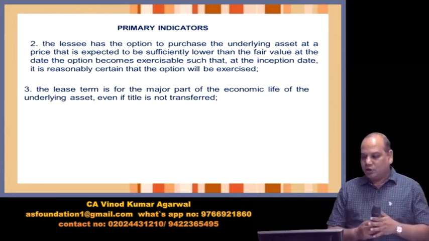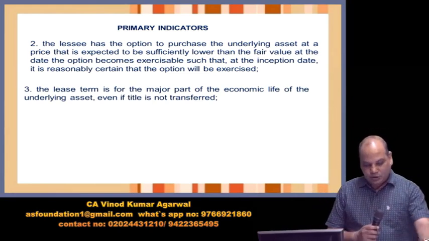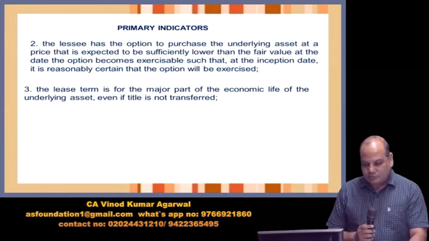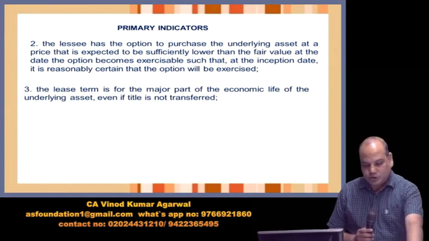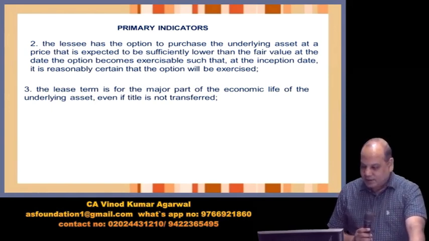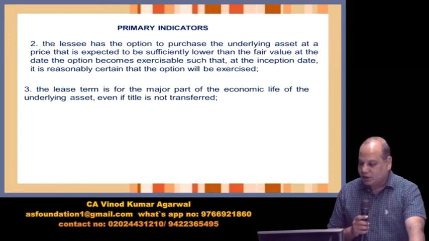The lessee has the option to, pay attention to each and every word, purchase the underlying asset at a price that is expected to be sufficiently lower than the fair value at the date the option becomes exercisable, such that at the inception date, which date?